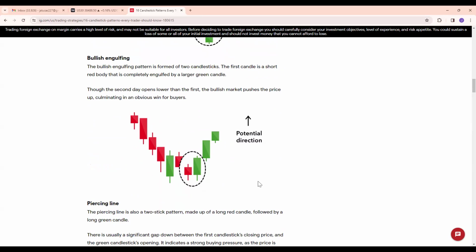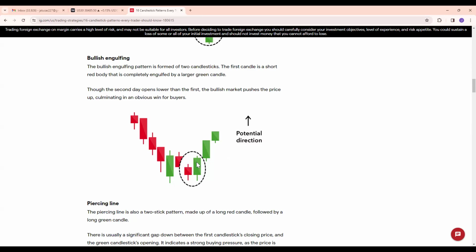The reason why it's called an engulfing is because it takes up the entire body of the candle before it. Okay, so the entire body of the candle is swallowed up by this candle here. So we opened here, we closed here, got as high as that wick, got as low as that wick.